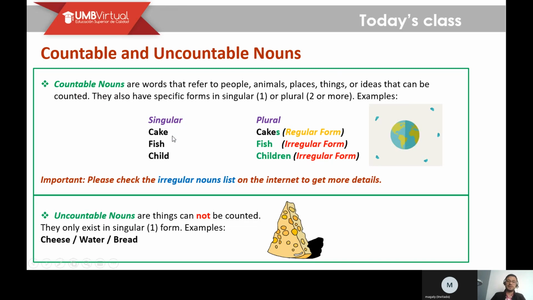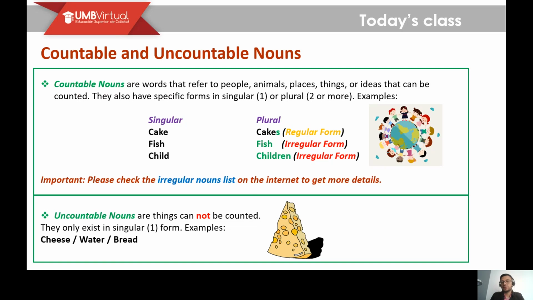So we have, for example, these ones in singular and plural: cake and cakes. You can have one cake or two cakes and things like that. We have the irregular, for example, fish, that is singular, one fish, or two fish, that is plural also. In fish specifically, you can have fishes.